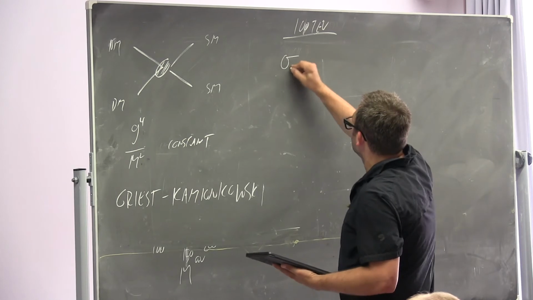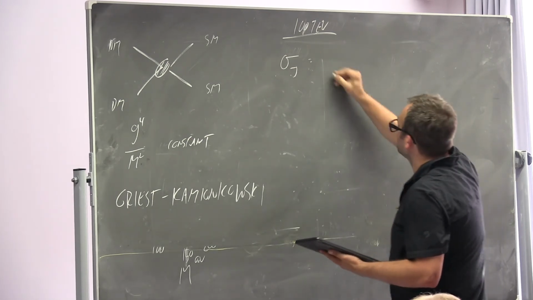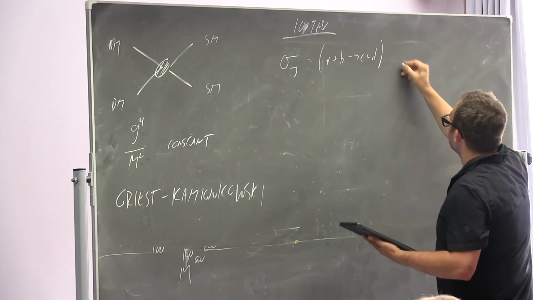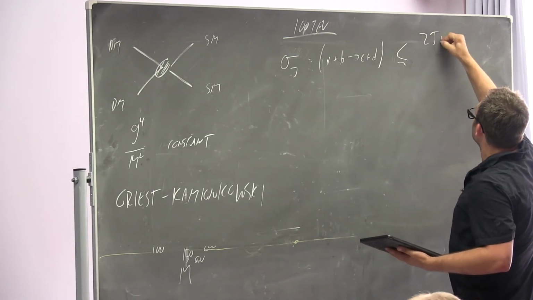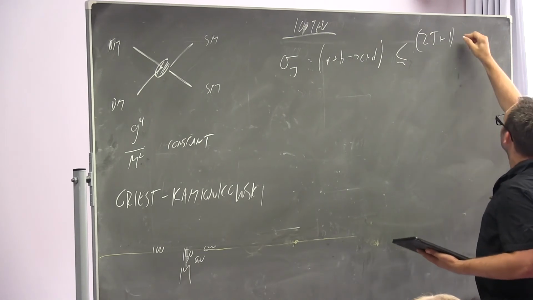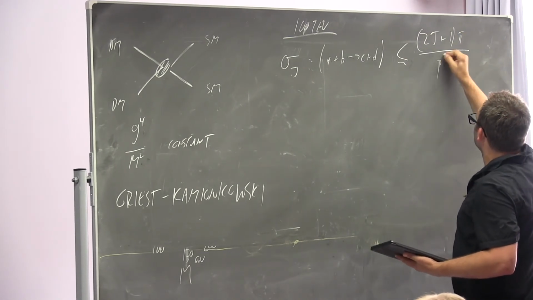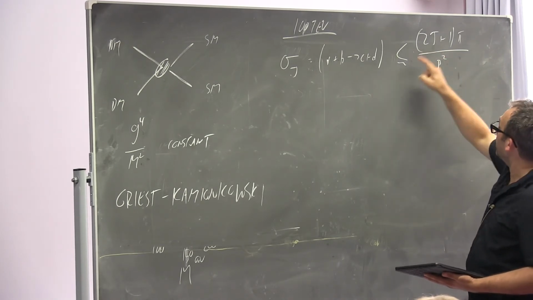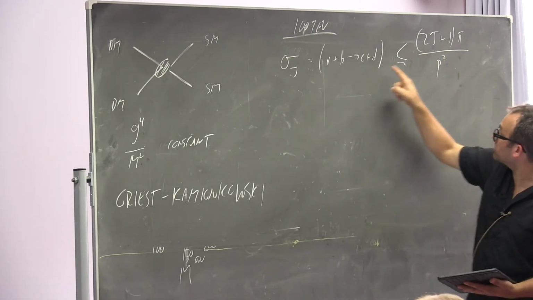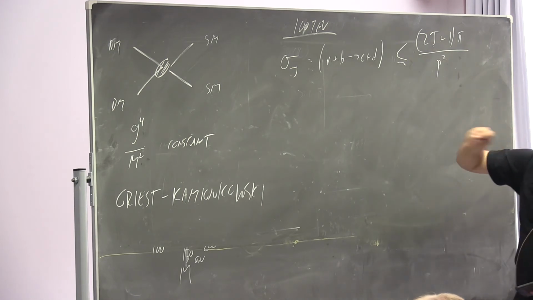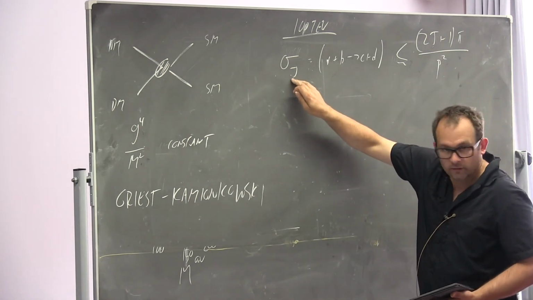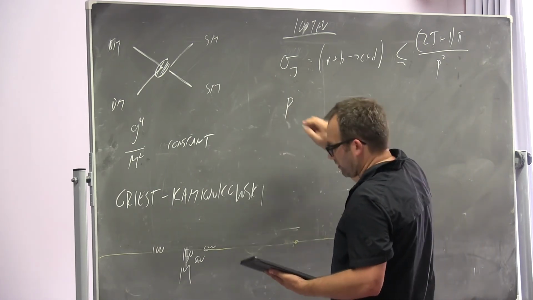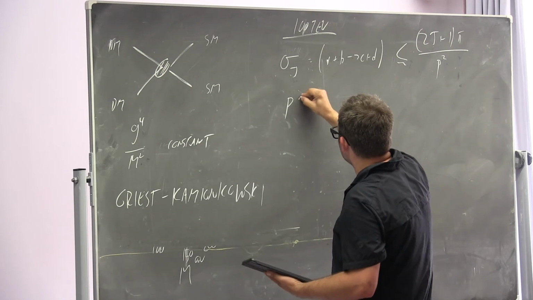So I compute, and I find that the bound is (2J+1)π/p². This is the bound for a certain annihilation, or a certain cross section with spin J, or in the Jth channel. It turns out that this is basically dominated by J equals 0, or at least you can compute this for J equal to 0.